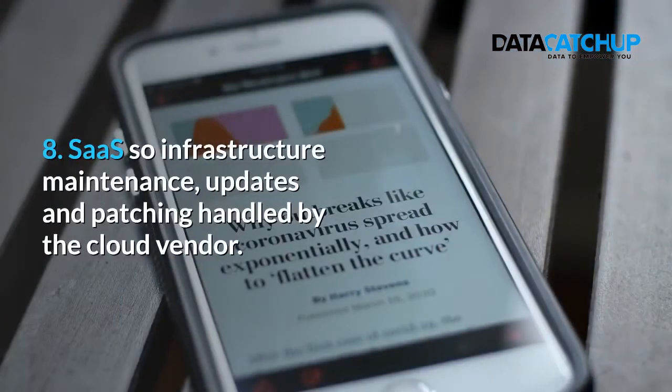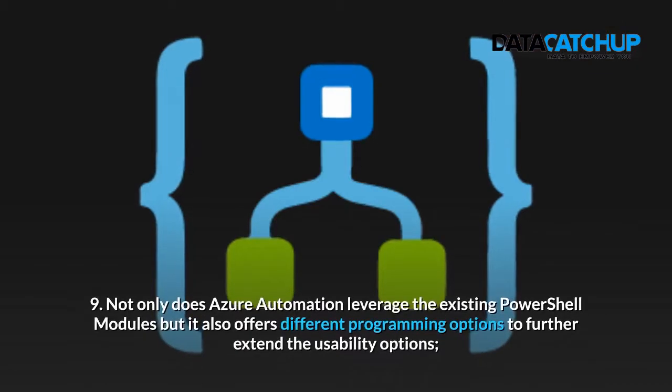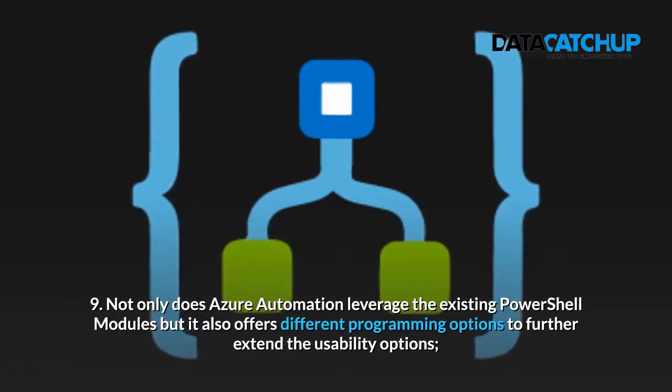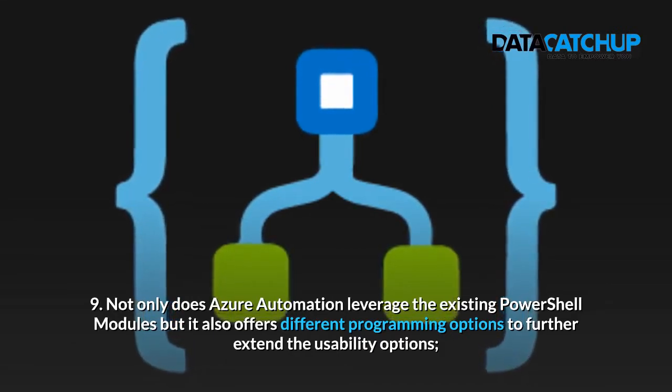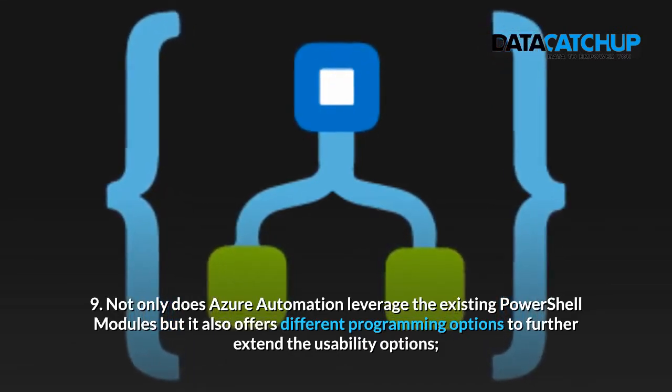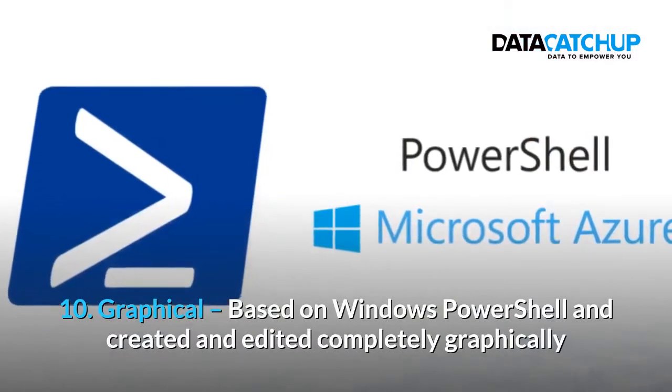Eight, SaaS infrastructure maintenance. Updates and patching handled by the cloud vendor. Nine, not only does Azure Automation leverage the existing PowerShell modules, but it also offers different programming options to further extend the usability options. Ten, graphical.